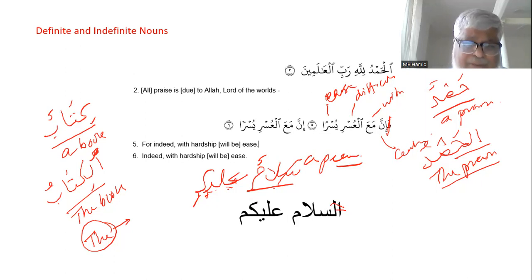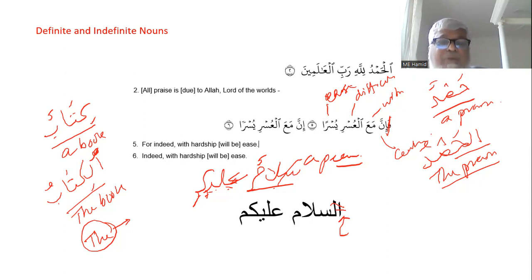If I keep it indefinite, because I didn't specify which peace I want upon you, then let Allah choose, let Allah select for you a good peace to be on you. But if I say it with alif lam before that, then it could mean, oh Allah, give him all possible forms of peace, upon them, upon you all.